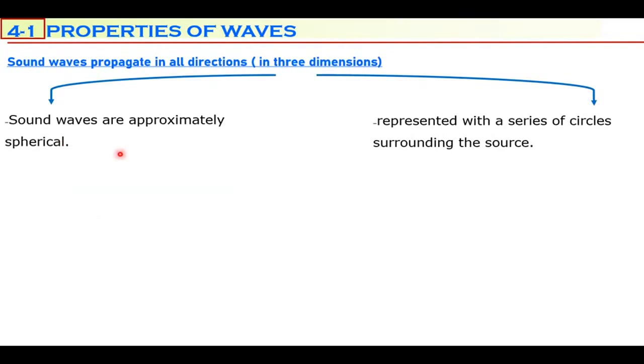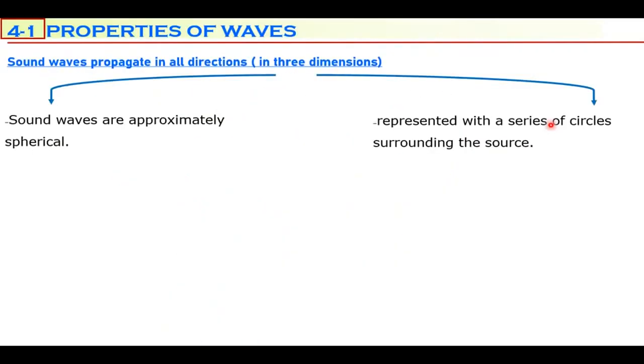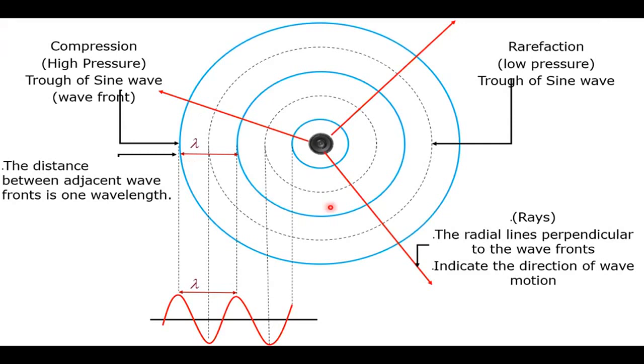And these spheres are represented with a series of circles surrounding the source. Normally they are spheres, but we are not able to draw spheres on a piece of paper, so instead we draw circles. This is the sound source, which is a loudspeaker.